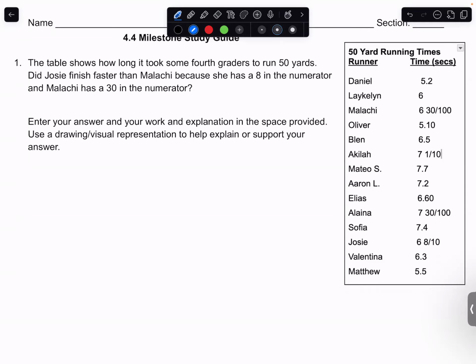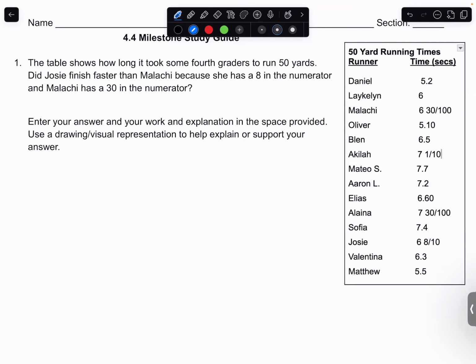We know that it's about fourth graders running 50 yards. And obviously, here in the chart, we could see that there are 14 students with different times, and this is all in seconds. This problem is focusing on Josie, if she finished faster than Malachi.